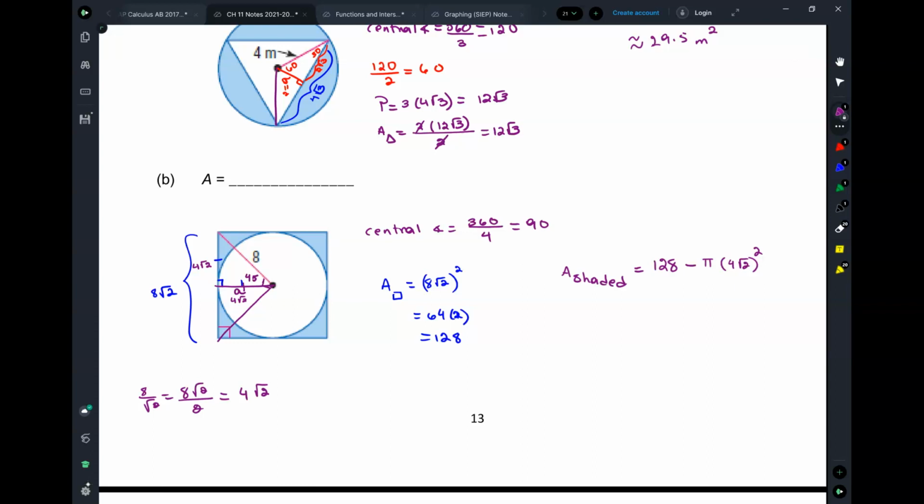Does that make sense? So this is 128 minus, what's this? 4 squared, 16. Root 2 squared, 2. 16 times 2, 32 pi.